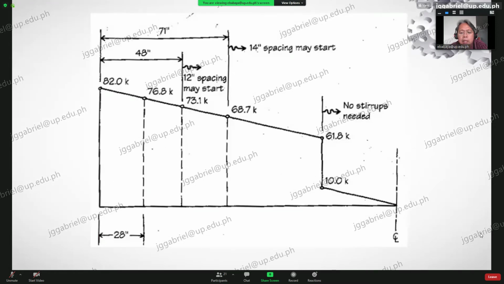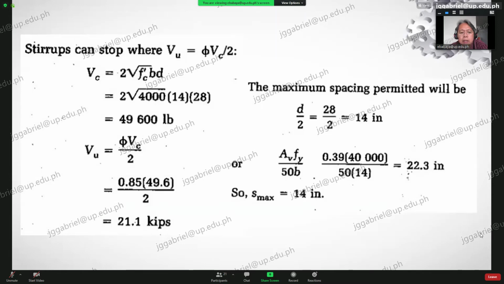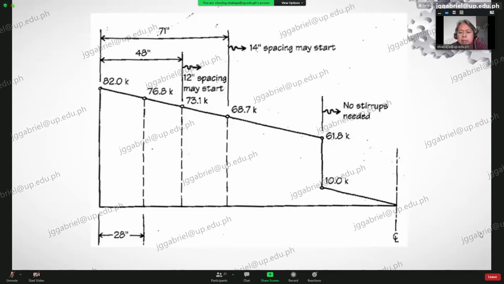Okay. Ang na-compute nating VU for the part where there is no stirrups, that's 21.1. So in the shear diagram, nasaan yung 21.1? It's here, di ba? Nandito siya. If this is 10, this is 61. Sabihin natin yung 21.1 nandito yan. Okay?